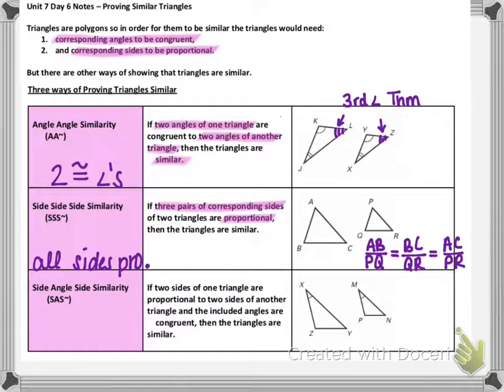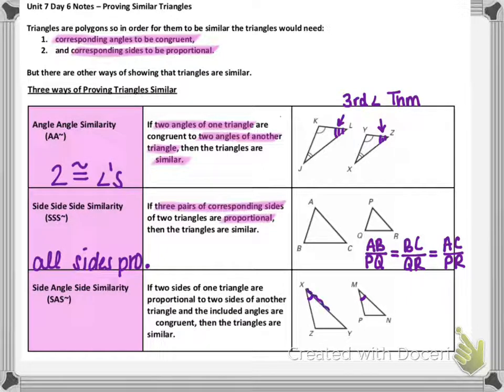Alright, and then we have side-angle-side similarity. So kind of like side-angle-side congruence, we want two sets of sides that are proportional to each other, and then with this angle in between.